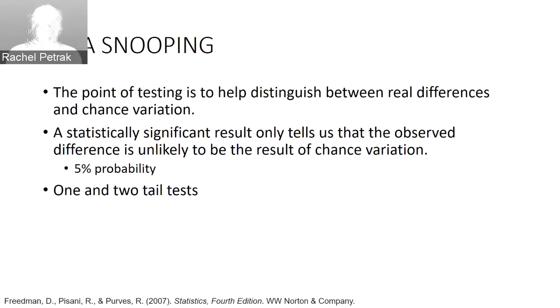When we get a statistically significant result, it's just telling us that the difference is not likely to be due to chance variation. But if your p-value is 5%, then that's telling you that there is a 5% chance that the difference you observed is the result of chance variation. Okay? That's the flip side of that.